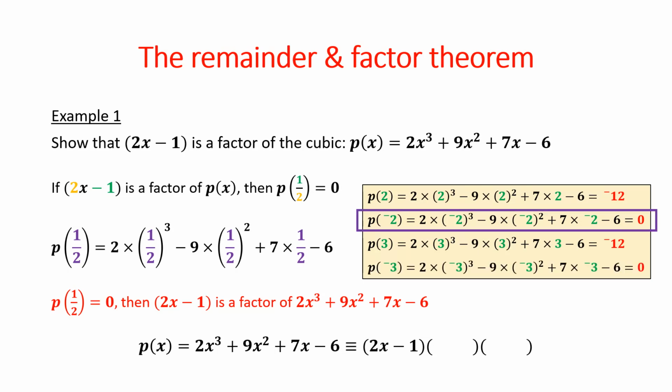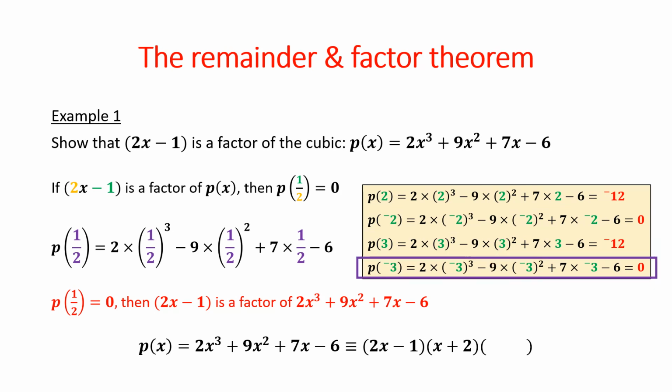Notice I get 0 when I substitute in negative 2, so I know another factor is x plus 2. I also get 0 when I substitute in negative 3, so I know another factor is x plus 3. So I've found my 3 factors for this cubic and written it into factored form.